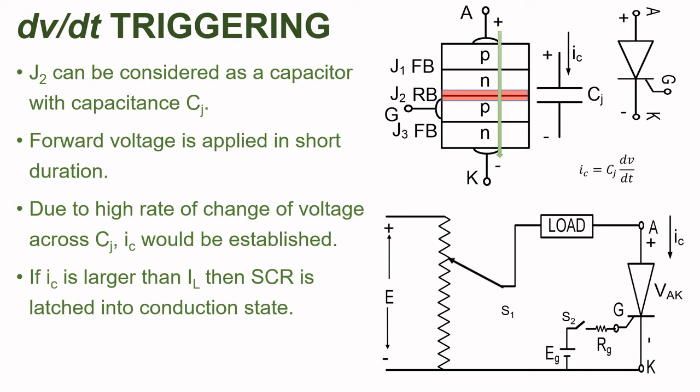If the value of IC is larger than the latching current of the SCR, then the SCR is latched into the on state or conduction state, and the forward current would be set up inside the SCR.